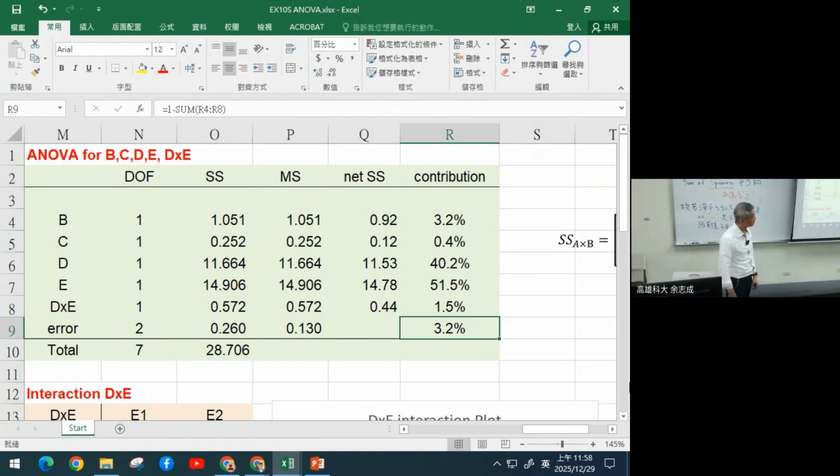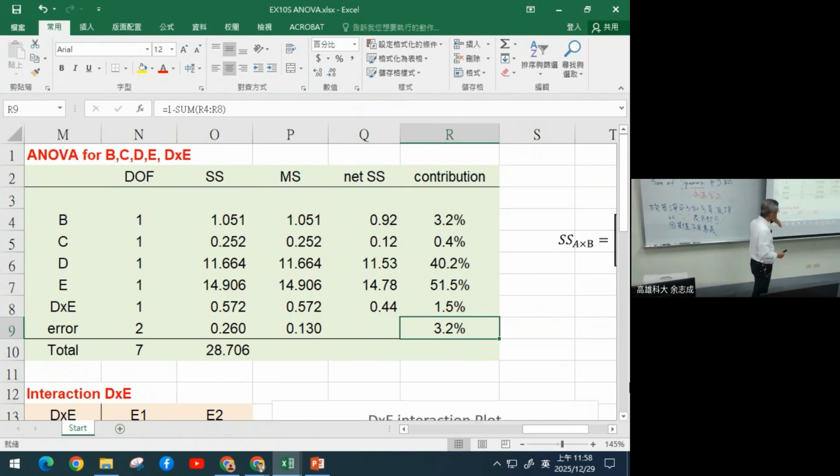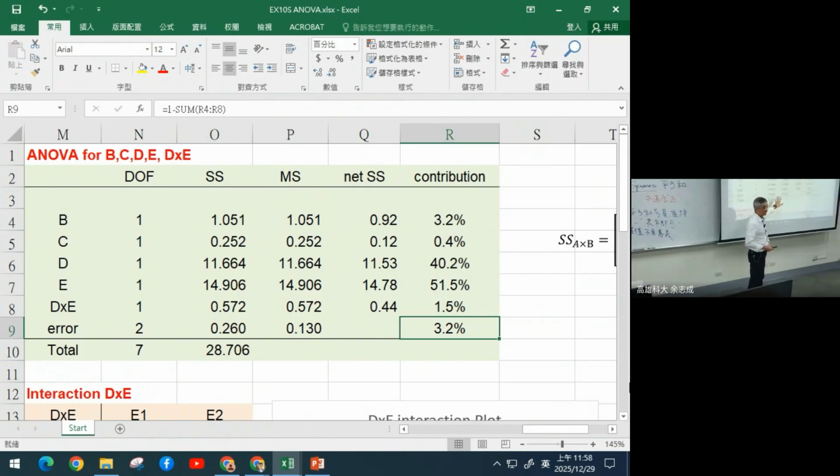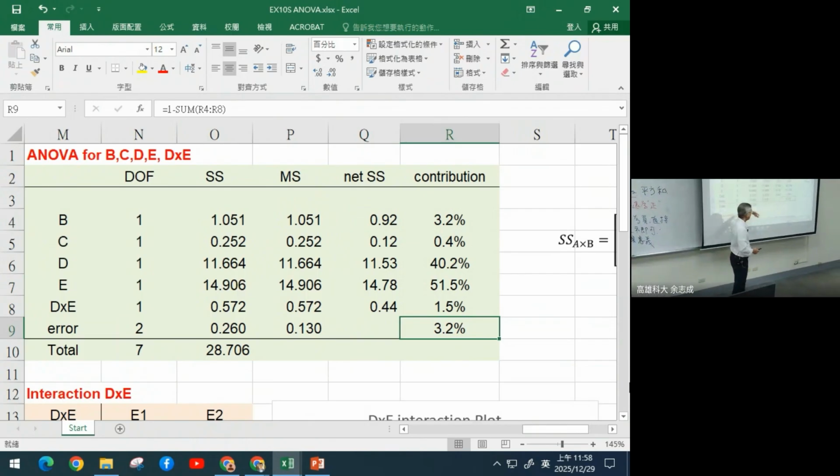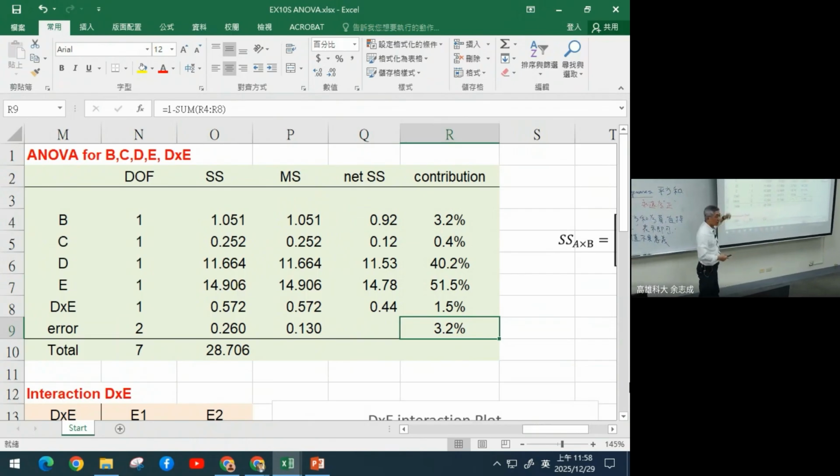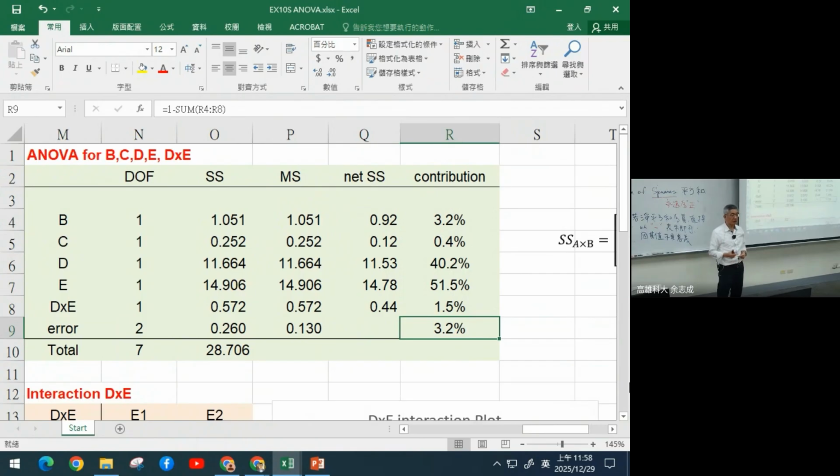So, originally, you can stop here. This is a typical analysis of mean, and here we simplify the model to neglect those terms that need to be neglected. All right? If it has negative sum square, it has to be neglected and pulled into the error term.